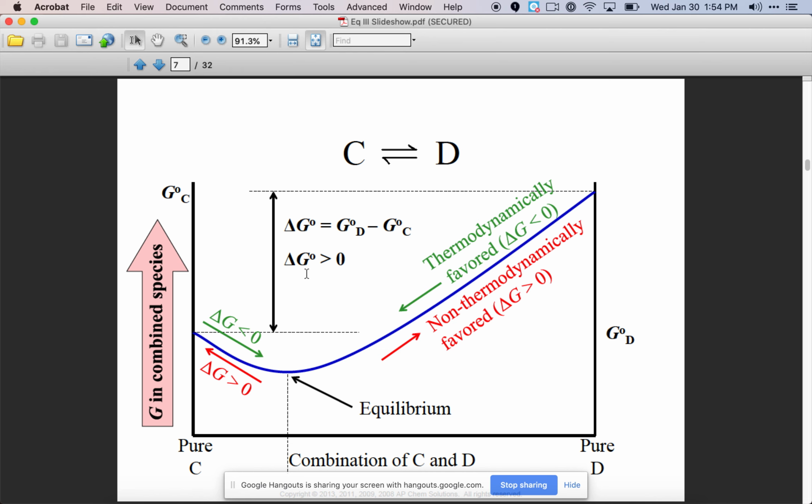But the key is, if you have the product which is higher in energy than the reactant, when you subtract the two, you get a negative delta G. Does that make sense?